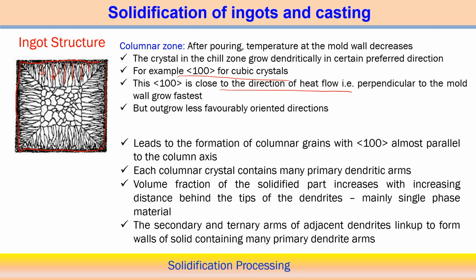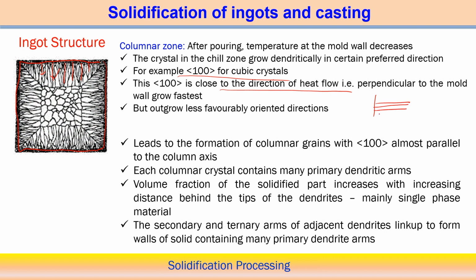At the same time, it outgrows less favorably oriented directions. It means that in the other lateral directions the growth will be minimal. So, that is why we can expect one preferred direction in this case.